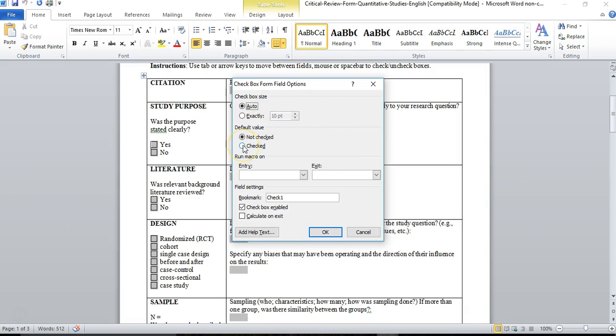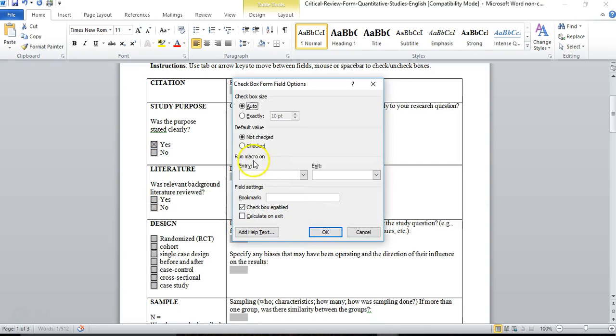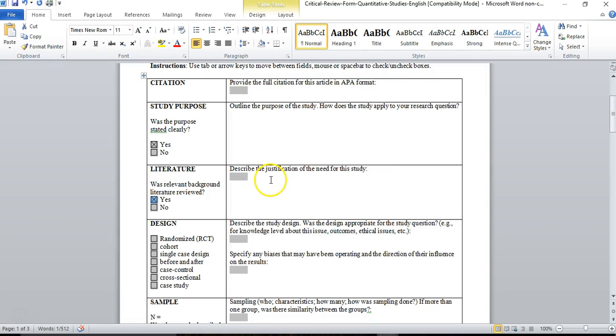All you're going to do is hit checked and OK, and now that box will be checked off. Was relevant background literature reviewed? That should be the case in everything that you look at, hopefully. So again, check it, OK. And you're just going to go in here and type in whatever you want to type in.